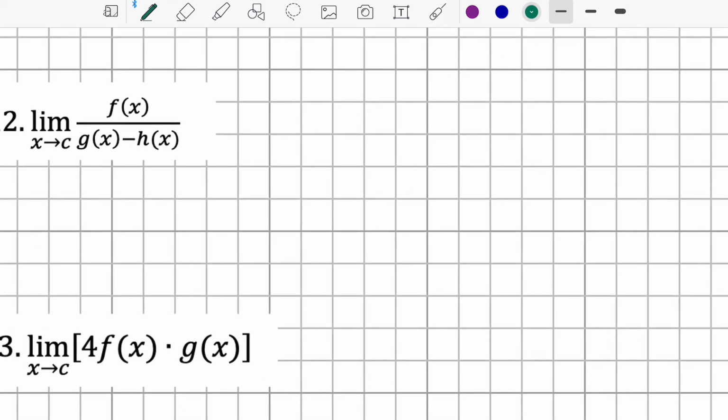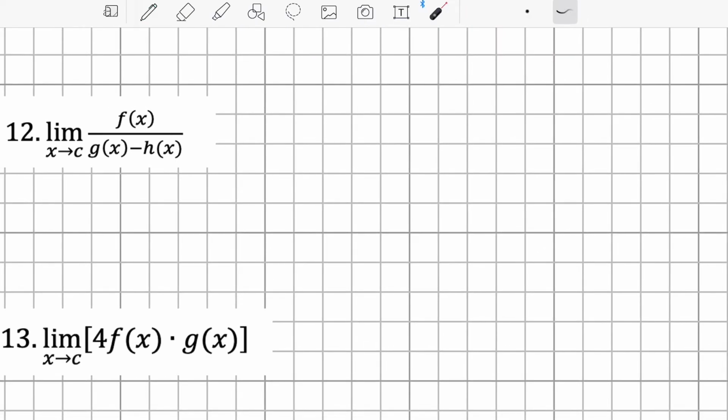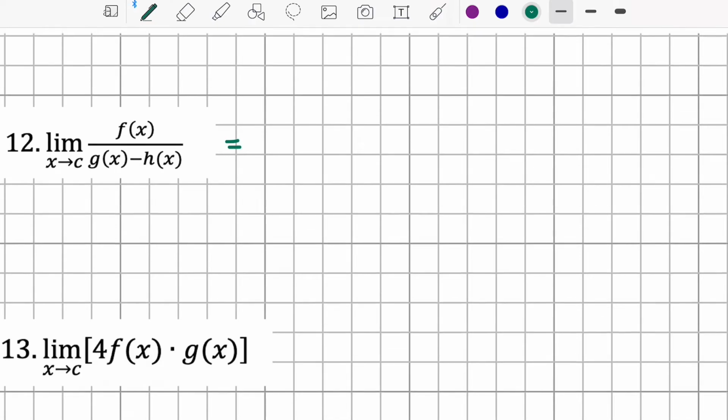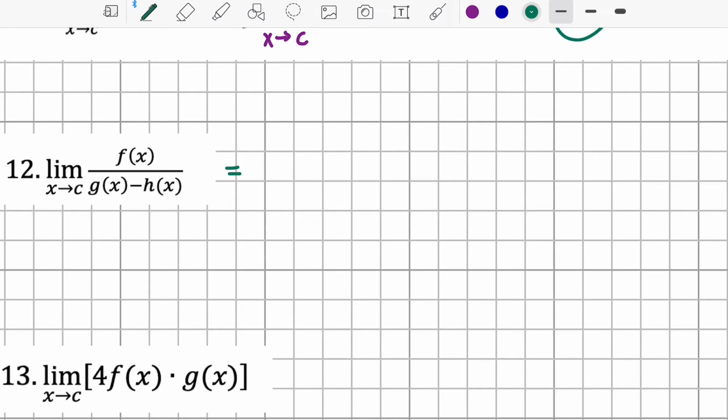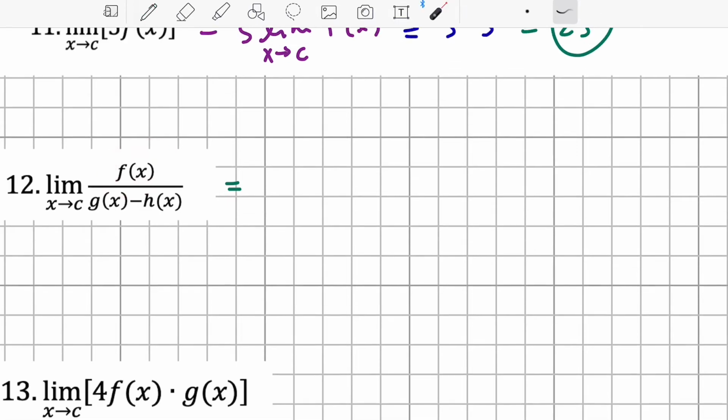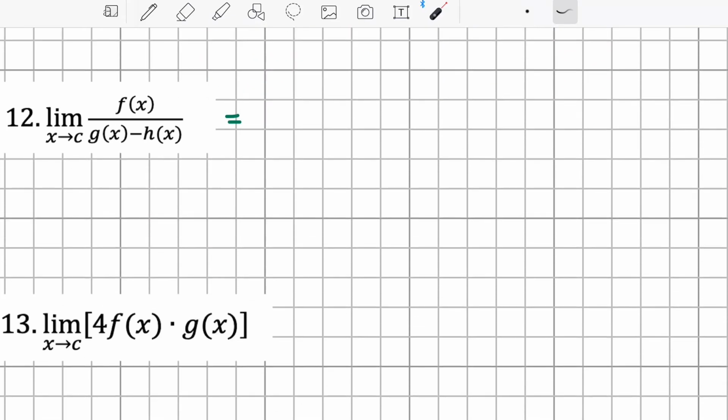This time we have three functions, but it's okay. Notice that we want to find the limit as x approaches c of f of x divided by g of x minus h of x. Easy again. So now we don't need the limit sign anymore because we're going to evaluate. The limit of f of x is 5.